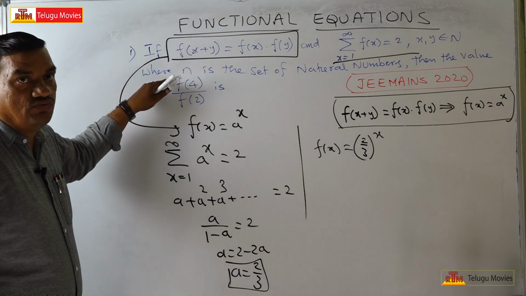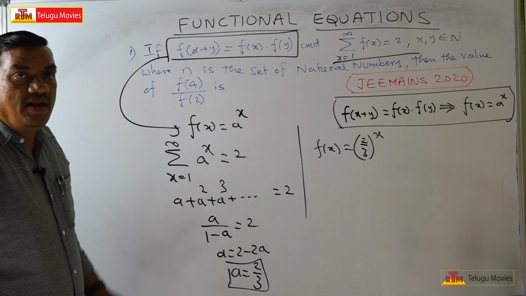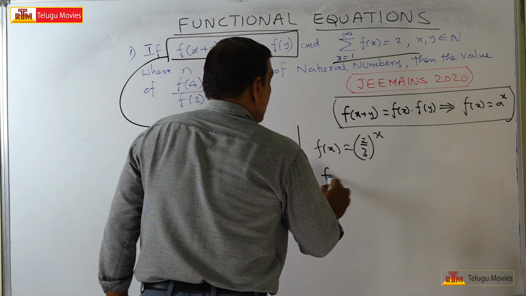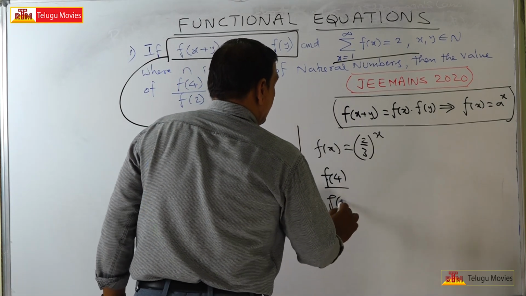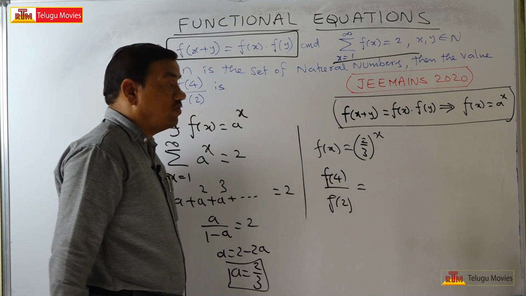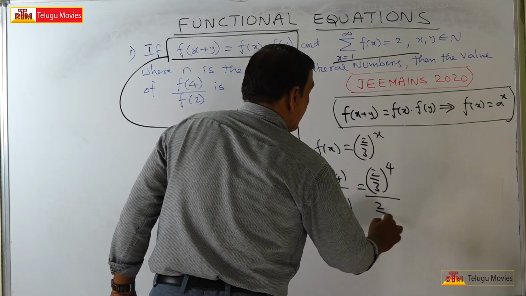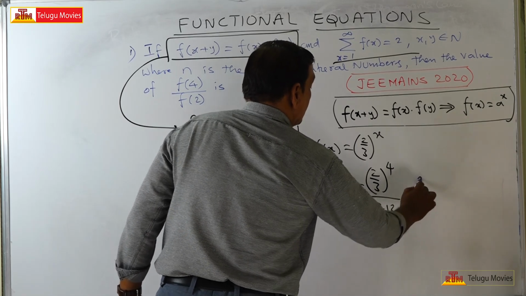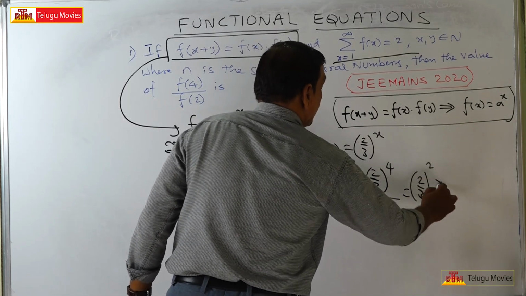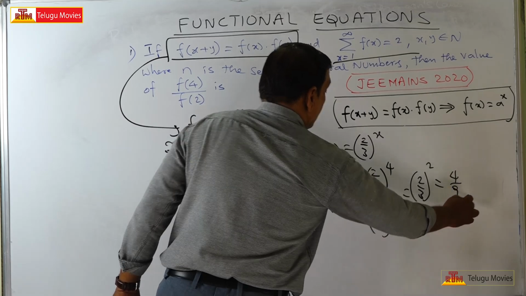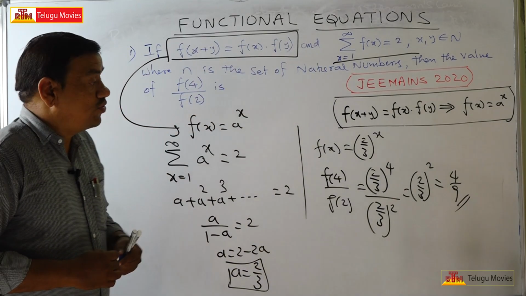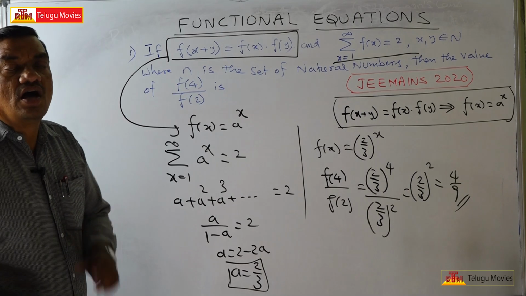Now what is asked to find? F of 4 upon f of 2. F of 4 means 2 by 3 whole power 4 upon 2 by 3 whole square, that is 2 by 3 whole square, that is 4 upon 9. Understand this? So 4 upon 9 is your final answer.